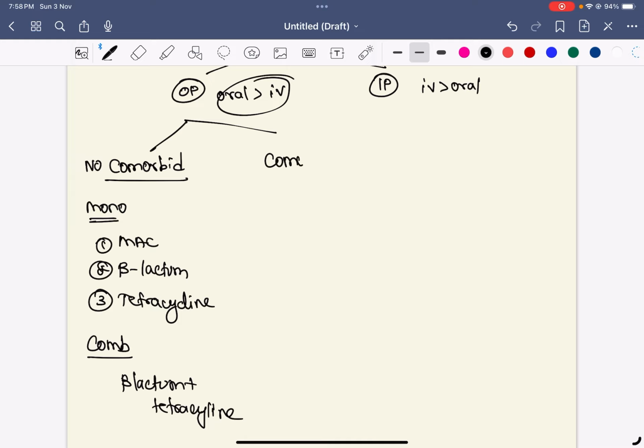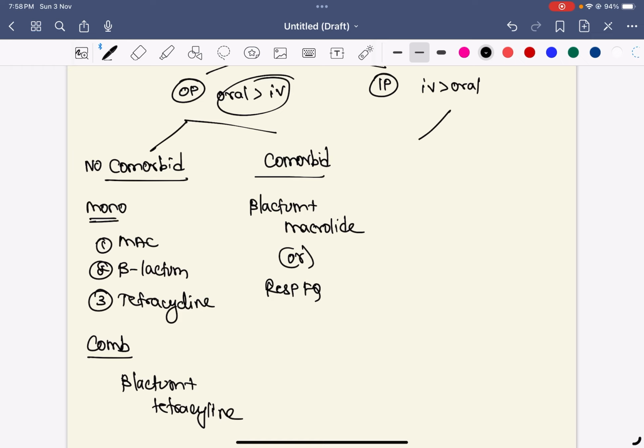If the patient has comorbid illness, then usually use beta-lactam plus macrolide as a combination therapy or any respiratory fluoroquinolone can be used.